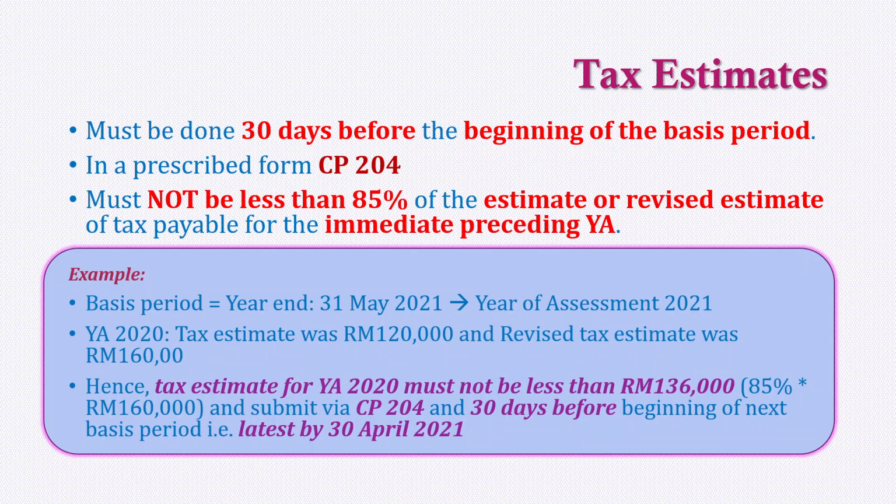So for the year of assessment 2021, the basis period will be financial year end 31st May 2021. So basically for this particular financial year end, it will start from 1st June 2020 until 31st May 2021.